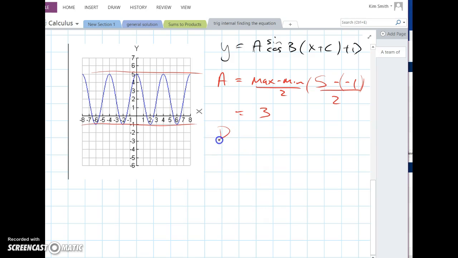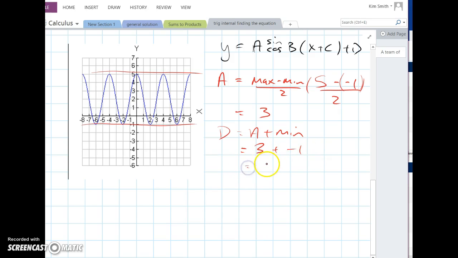That means that d is going to be a plus my minimum, because if I had what my minimum was and I added what it's going up and down by, it's going to give me what d is, that midline. So a, we said, was 3. My minimum is -1.